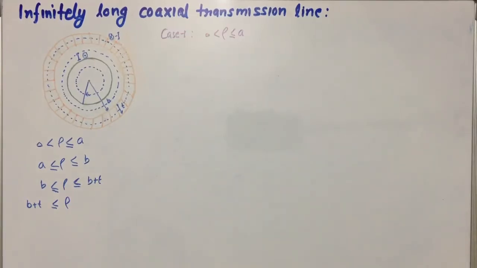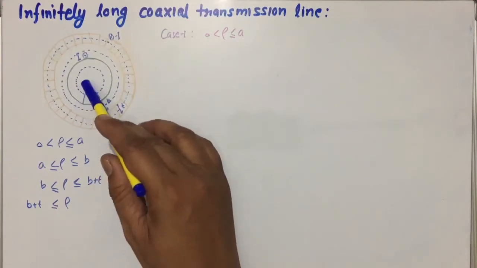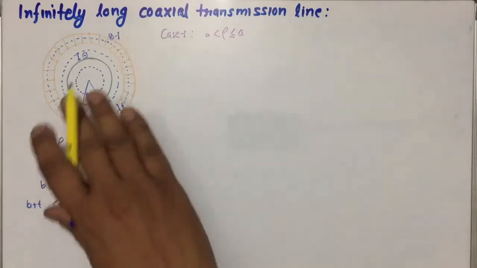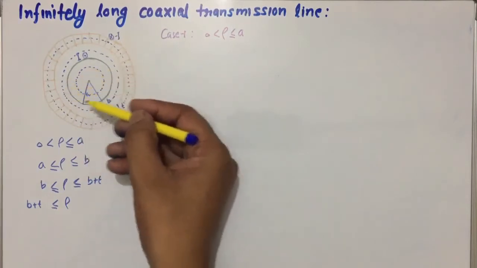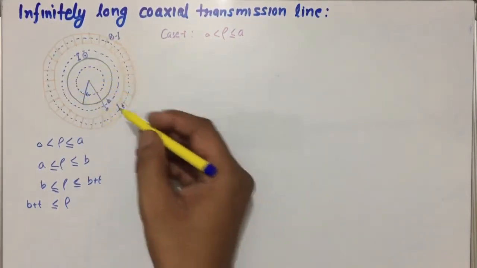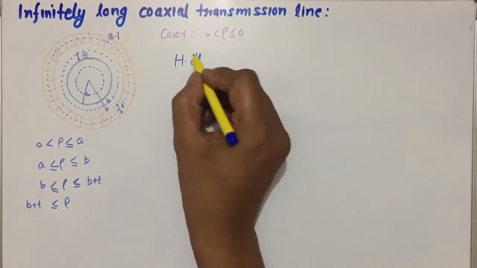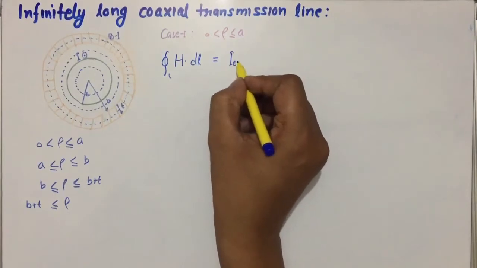Now consider case 1, when the observer lies in the first conductor. In that case, uniformly distributed current is there, and this is the cross section. According to Ampere's law, the closed line integral of H dot dl will be equal to the I enclosed.